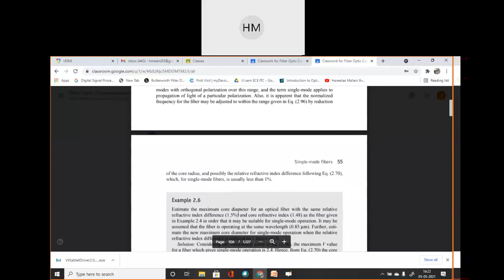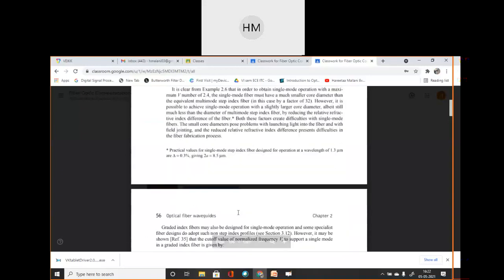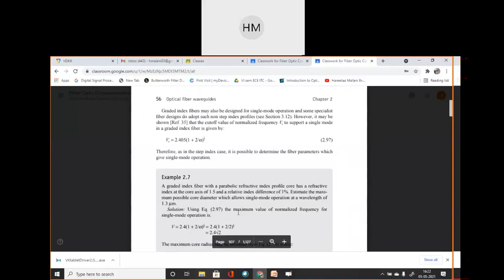Single mode fibers we have discussed. Now the equations for graded index fiber you can discuss. Write down.